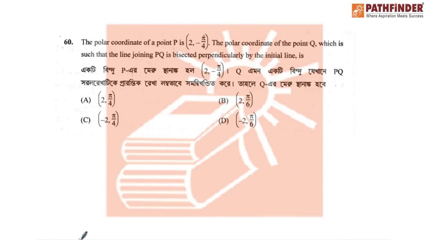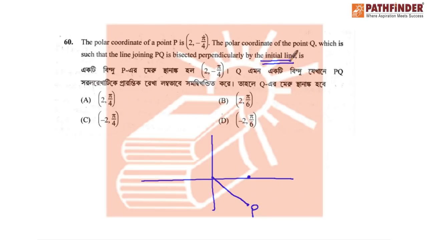Move to question number 60. The polar coordinate of point P is 2, minus pi by 4, and this is the point. We need the polar coordinate of point Q, such that the line joining PQ is bisected perpendicularly. P is here, but it is not mentioned what the initial line is. The question looks a bit ambiguous here.